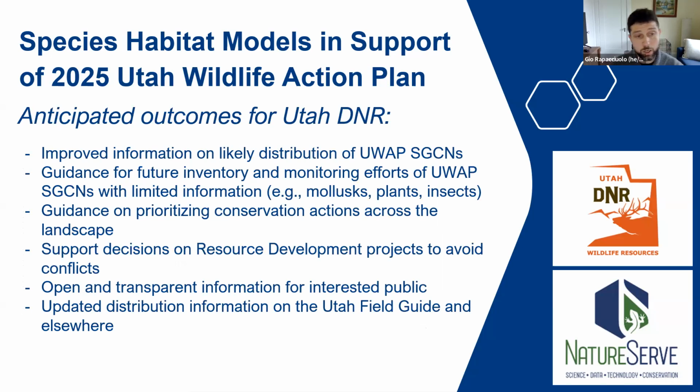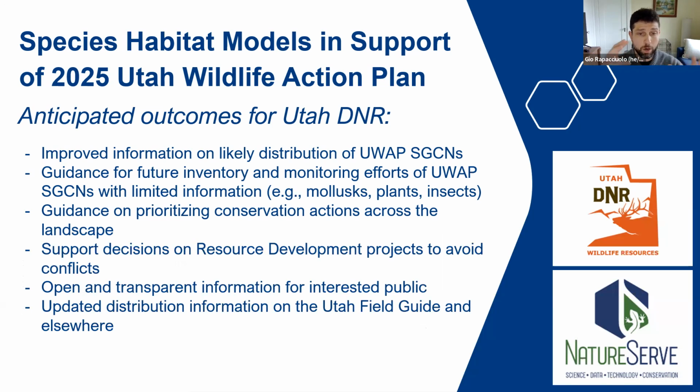The anticipated outcomes, and this is coming directly from DNR, is that these models will improve the information on the likely distribution of Utah SGCNs, species of greatest conservation need. They will provide guidance for future inventory and monitoring in some of the ways that I've shown here, especially for species that have limited information, like mollusks and plants or insects.